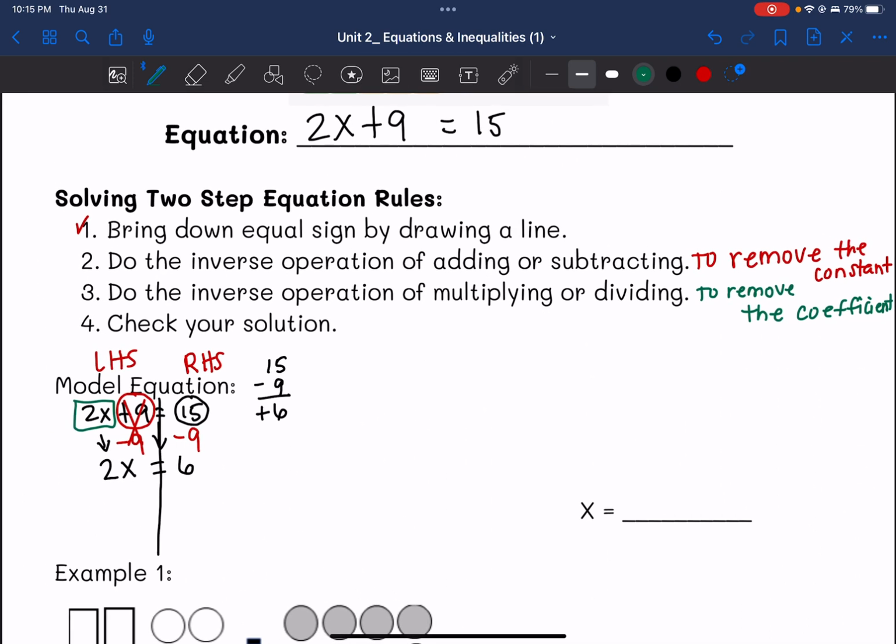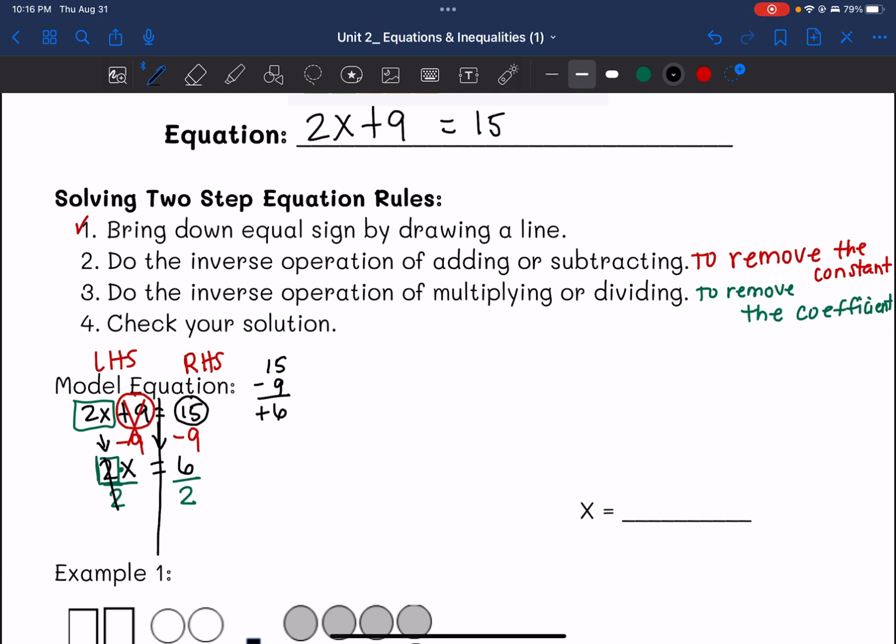Okay, the coefficient is this number right here, the 2, okay? That's the coefficient. I have to divide because here, between 2 and the letter x, what's happening is they are being multiplied, okay? So I have to divide by 2 on the left-hand side and on the right-hand side, okay? Now that I have that, I can cancel out the 2's because 2 over 2 is just 1.